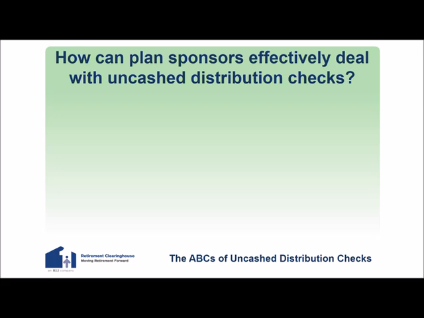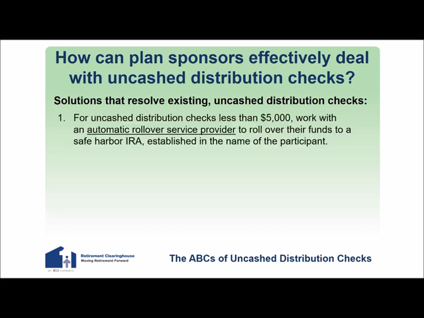How can plan sponsors effectively deal with uncashed distribution checks? Solutions that resolve existing uncashed distribution checks. For uncashed distribution checks less than $5,000, work with an automatic rollover service provider to roll over these funds to a safe harbor IRA established in the name of the participant.